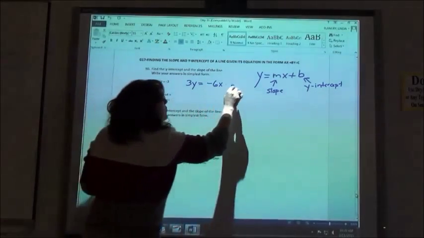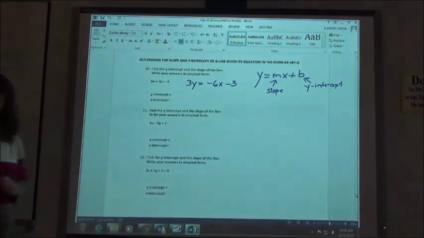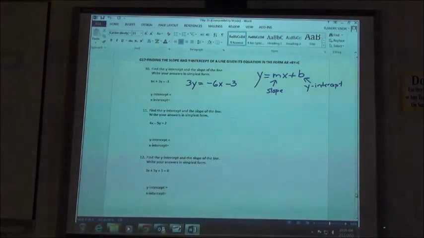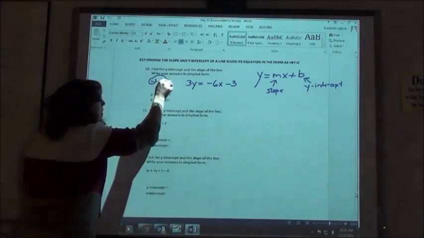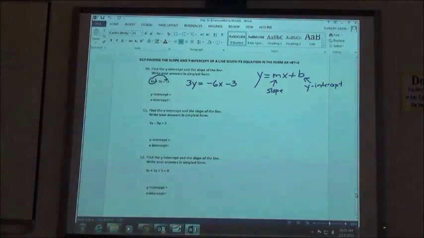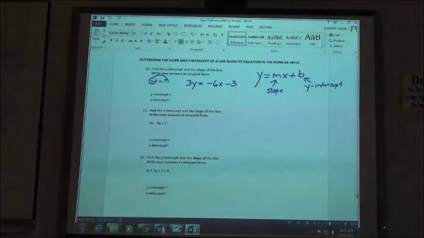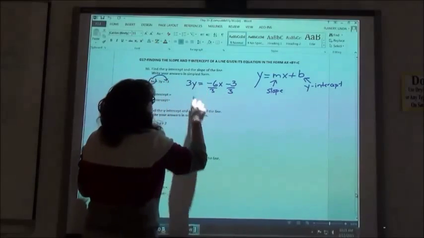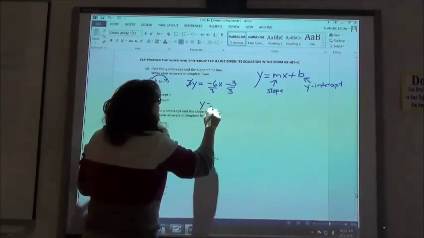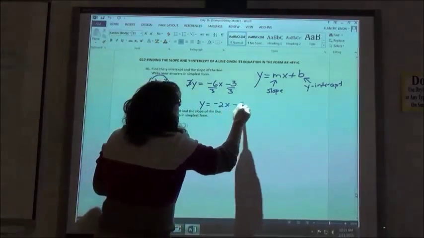And then that minus 3 is just going to go on the end. So I'm just sneaking this over here, but I'm going to put it in front so it ends up in the same order as what my equation looks like. Then I still have to divide by the 3. So if I divide these by 3, y is going to equal negative 2x minus 1.